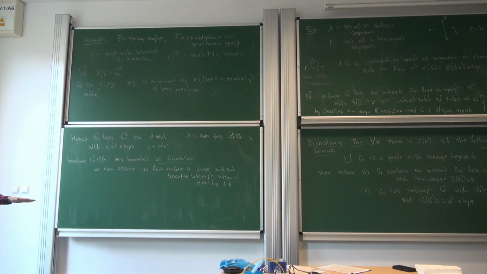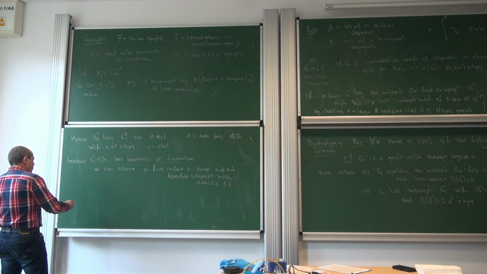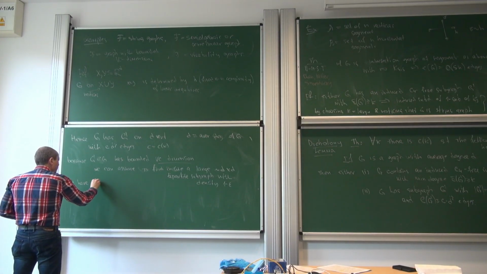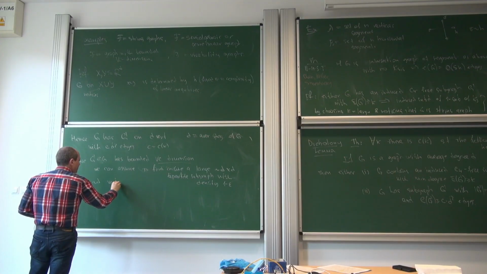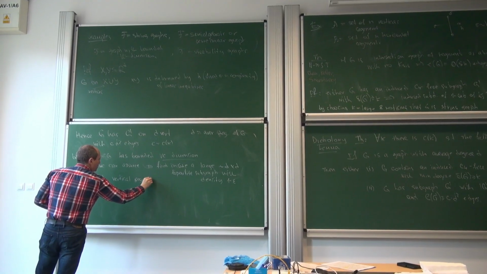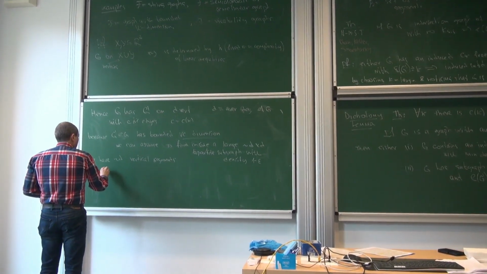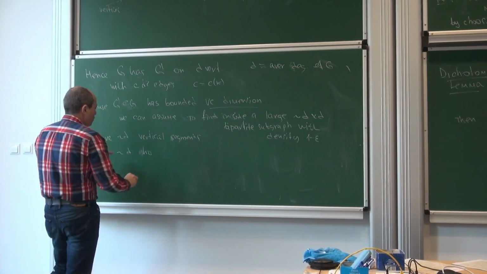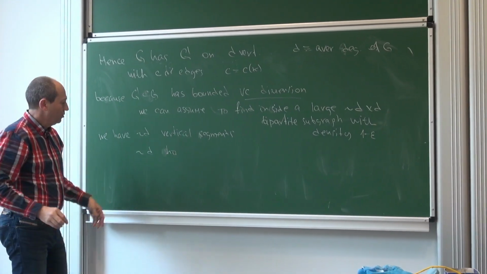So what does it mean? It means we have roughly D vertical intervals, called segments, and roughly D horizontal. Of course, there's some constant here, but I will not write it.